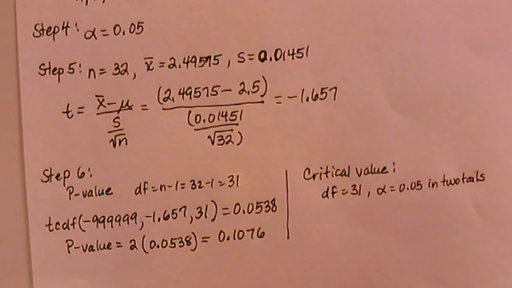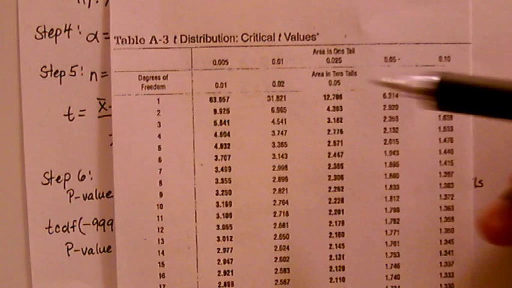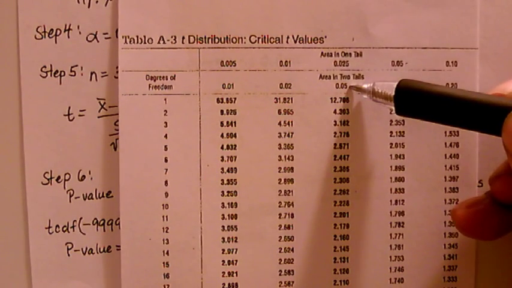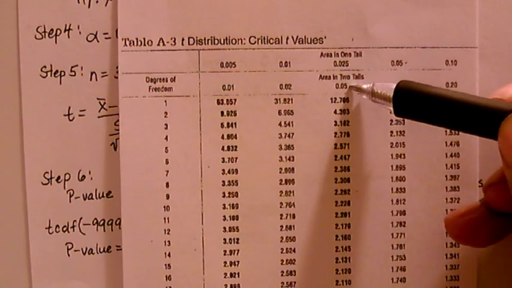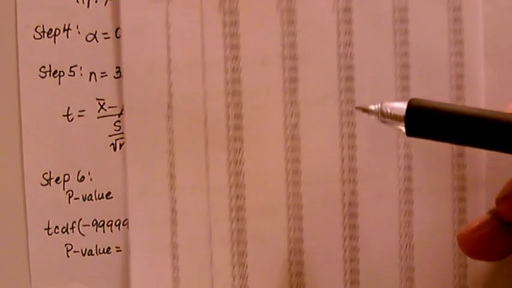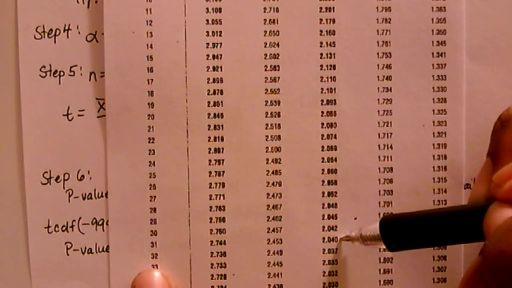So now, we look at our table here. Find 0.05 in two tails. That's this right here. And then find 31 degrees of freedom in two tails.